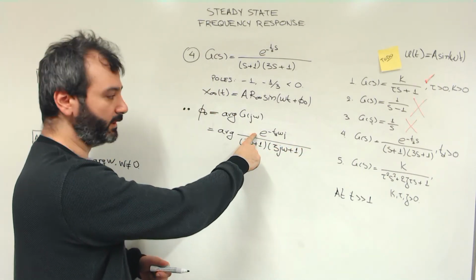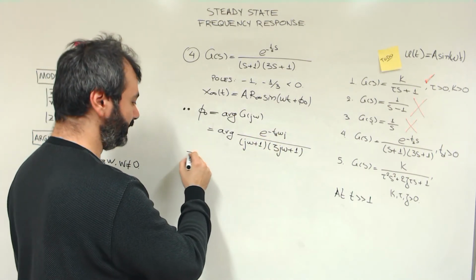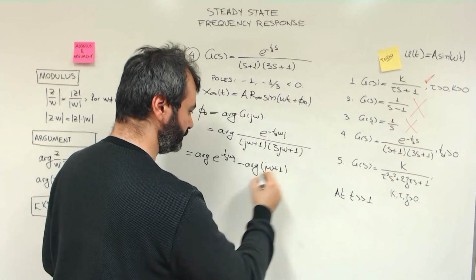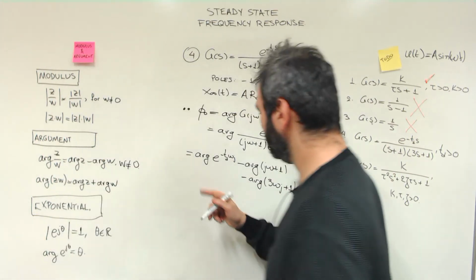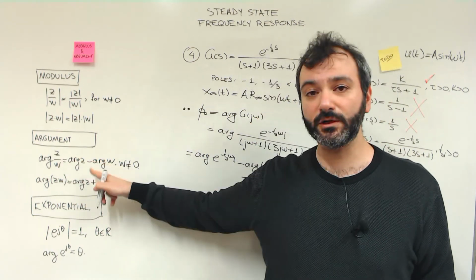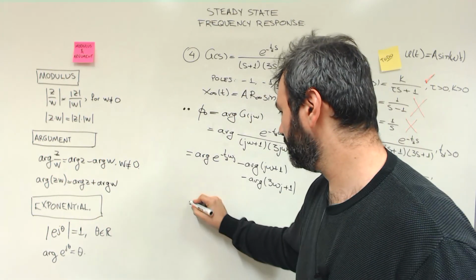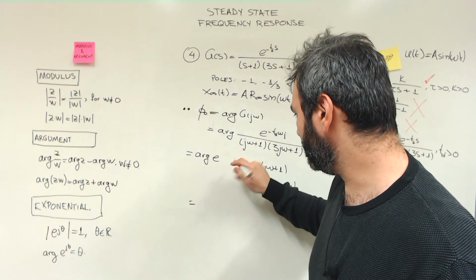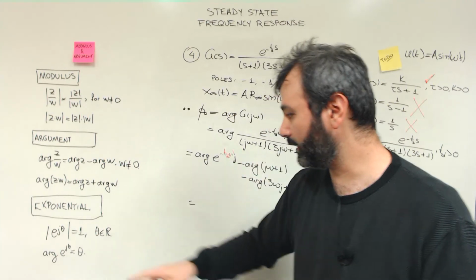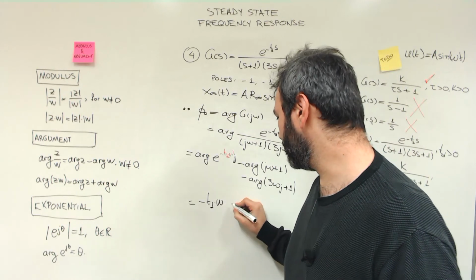Note here the numerator is an exponential of an imaginary number, and we have a property that will allow us to find the argument. Here we did nothing but use these properties. The argument of a quotient is the difference of arguments. The argument of a product is the sum of arguments. The argument of the exponential of j times minus td omega, according to this property down here, is minus td times omega.